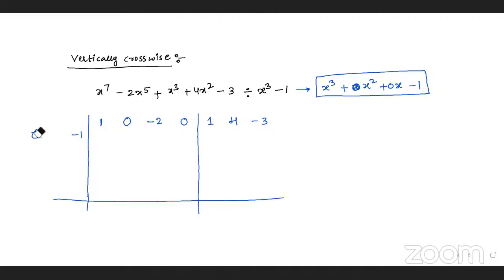Now see how to use vertical crosswise here. So what is the main divisor? Can you tell me?